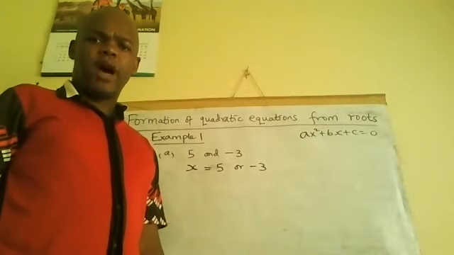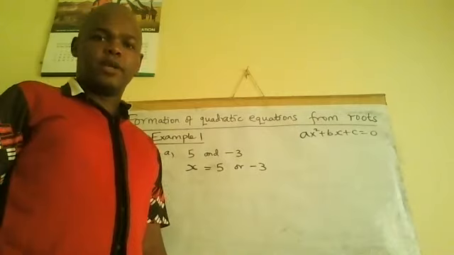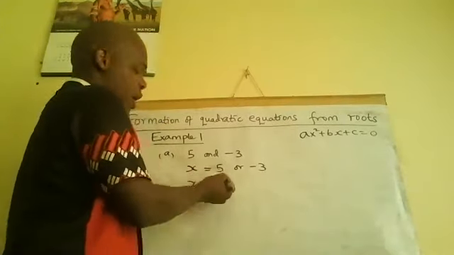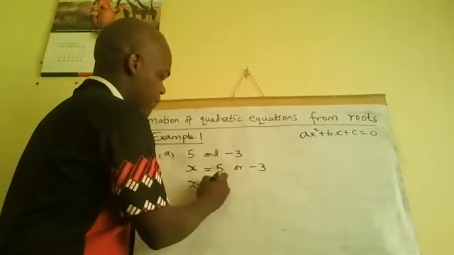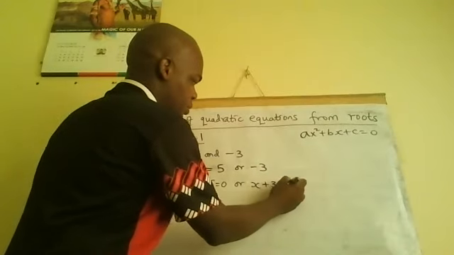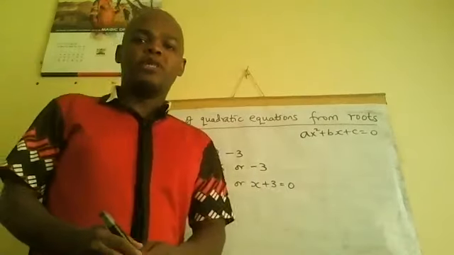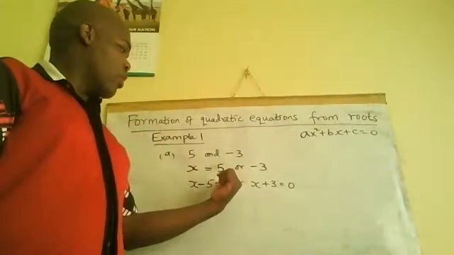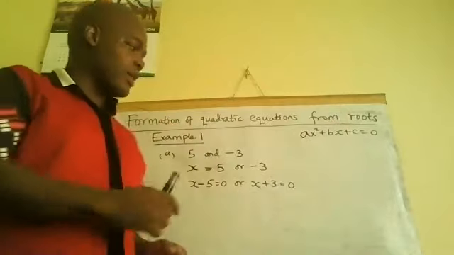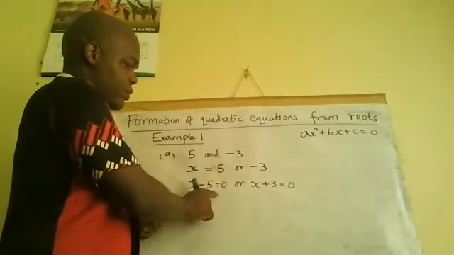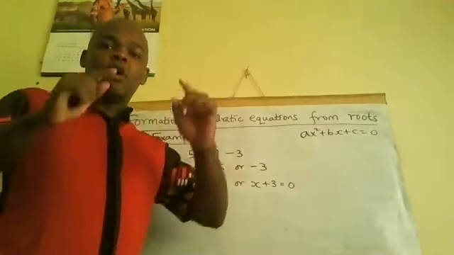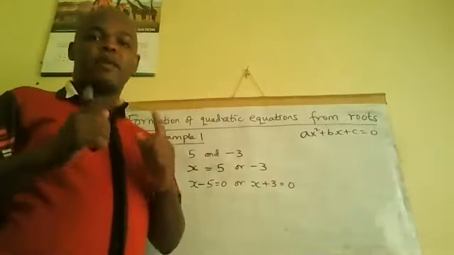Then you say x minus 5 is equal to 0, or x plus 3 is equal to 0. Recall when we said that when you cross the equal sign, minus changes to plus and plus changes to minus. So it is the reverse.